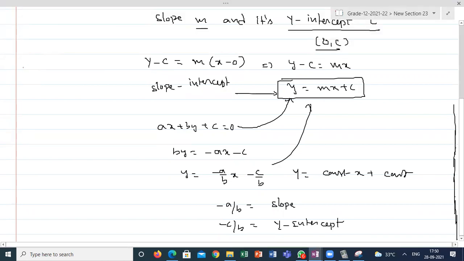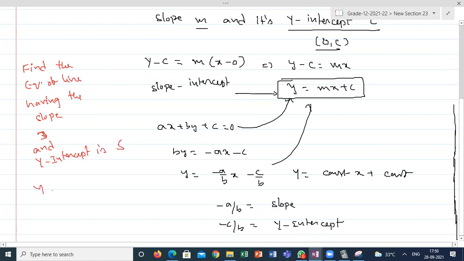Suppose I'm saying, find the equation of a line having the slope 3 and y-intercept is 5. Simply you can write y = 3x + 5 is my equation of line.